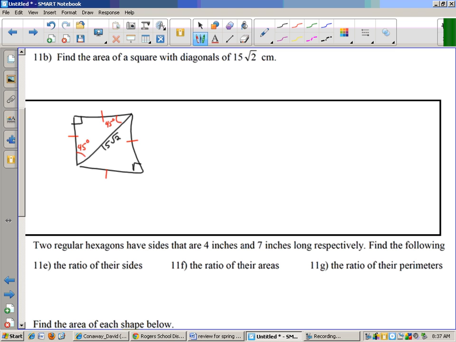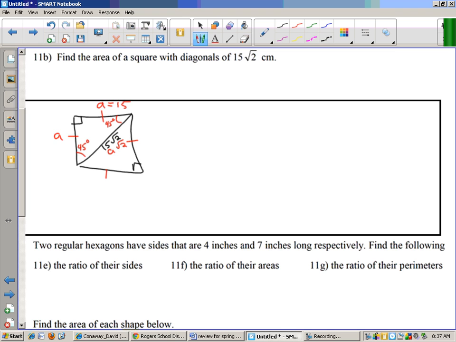Because 45, 45, 90 is going to be A, A, and A root 2. So how much is A? A is 15. Good. All right.